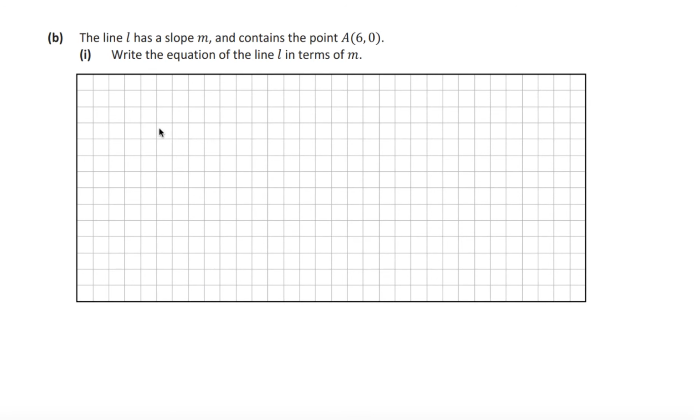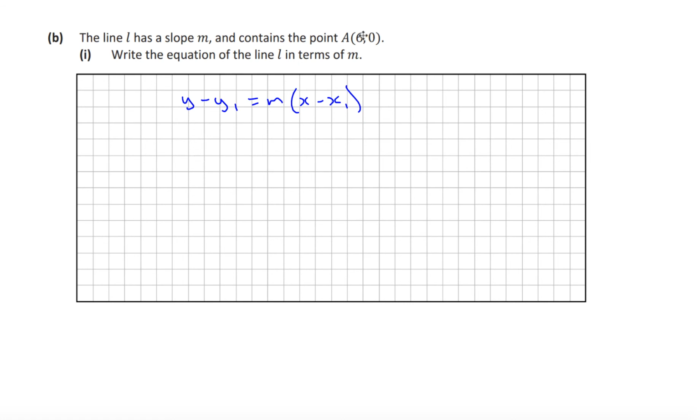Part B says the line L has a slope m and contains the point A, which is (6, 0). Write the equation of the line L in terms of m. So for the equation of a line, we're given the slope and a point. This time I'm going to use the formula y minus y1 is equal to m bracket x minus x1, because we have a point and we have the slope.